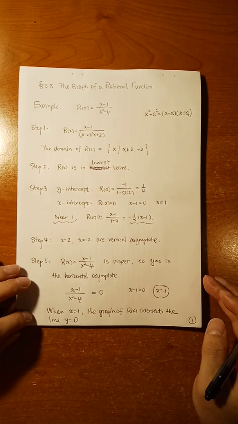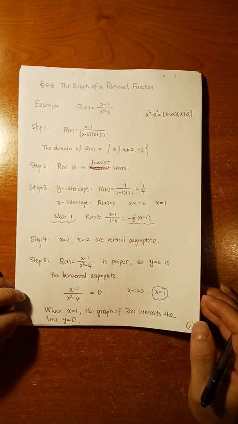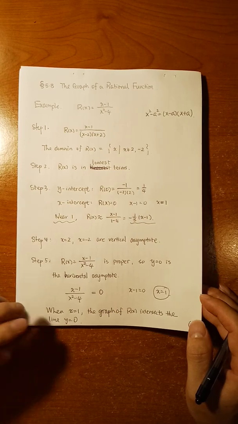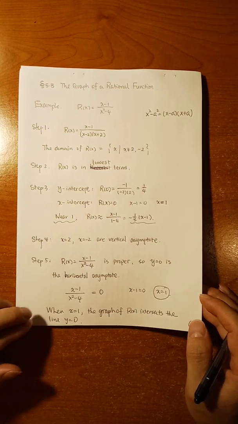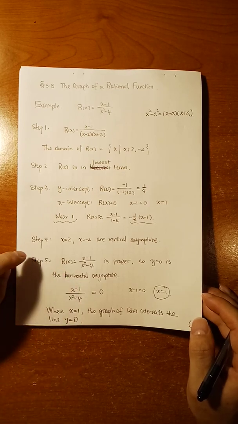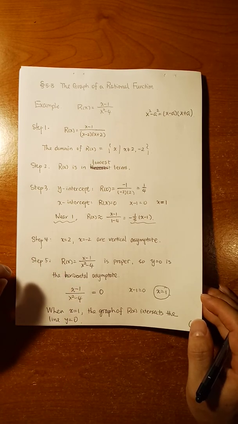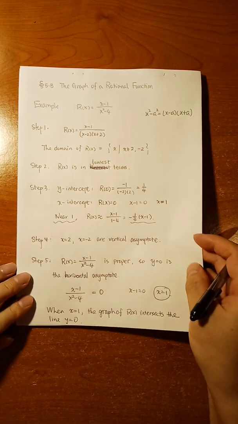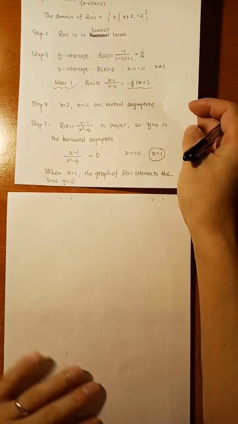This is the unique possible intersection of the graph with the horizontal asymptote. And the graph of a rational function can never intersect a vertical asymptote.